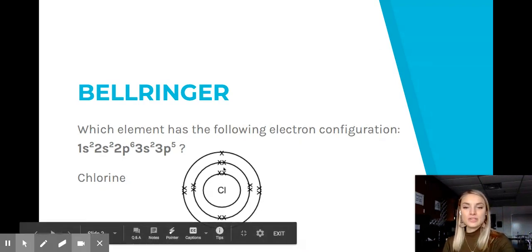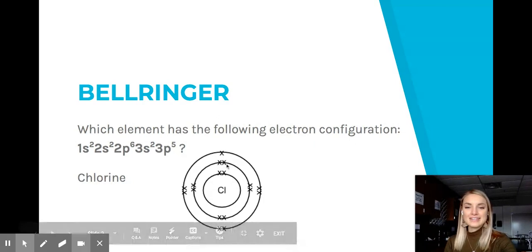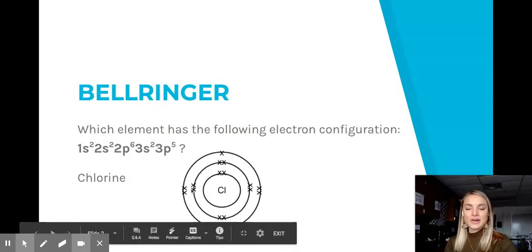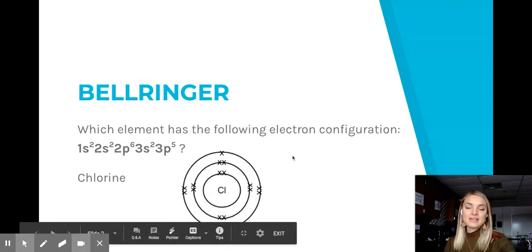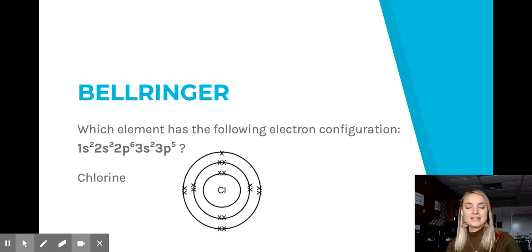We've got 2 electrons in our first energy level, 2 in our second s, 6 other electrons in our second energy level, 2 s electrons in our third energy level, and then 2, 4, 5 in our p orbital in our third energy level.